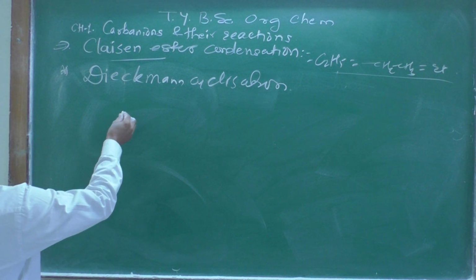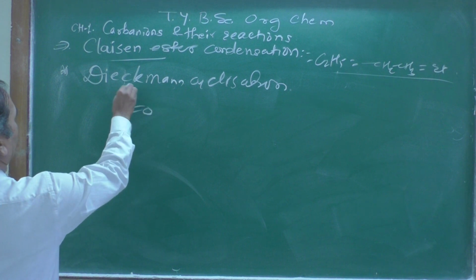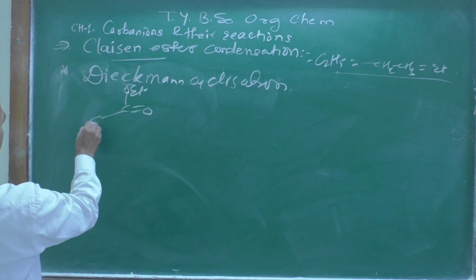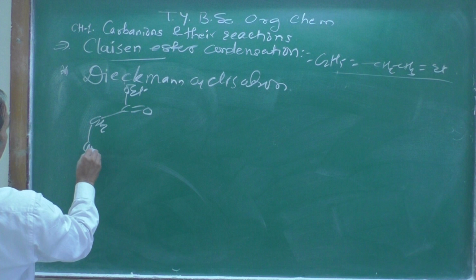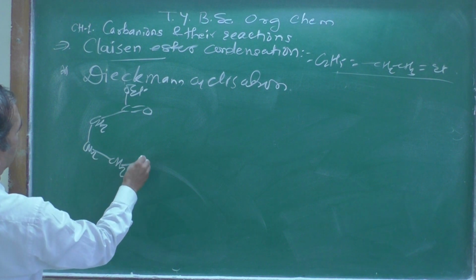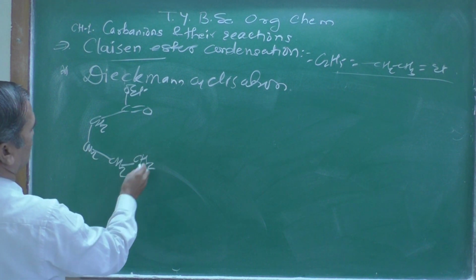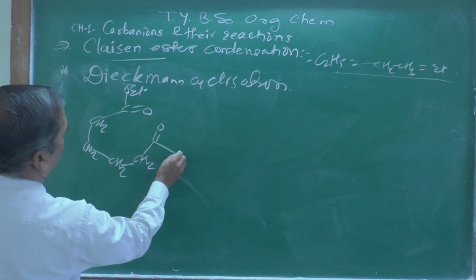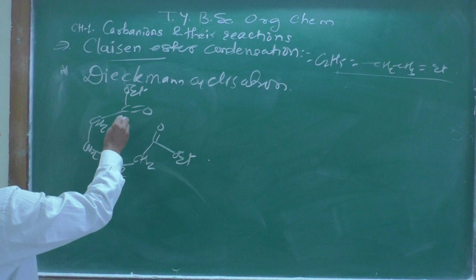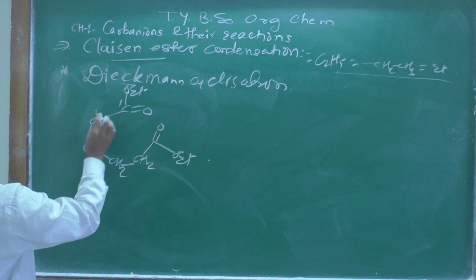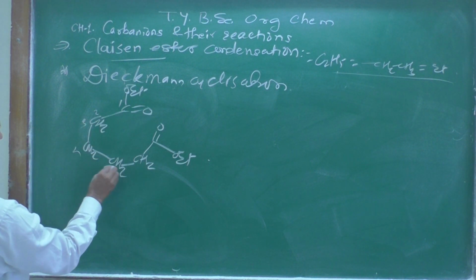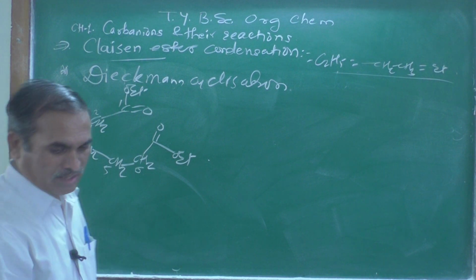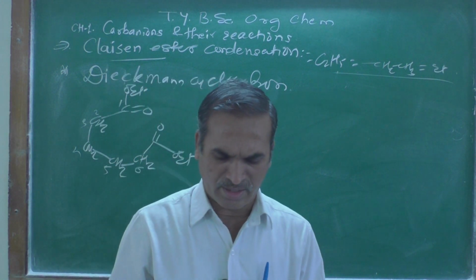Here I am writing C double bond O, then OEt, then here CH2, CH2, CH2, then another CH2, then here maybe C double bond O, and then OEt. Let us see here 1, 2, 3, 4, 5 and 6, 6 carbon atoms are there.